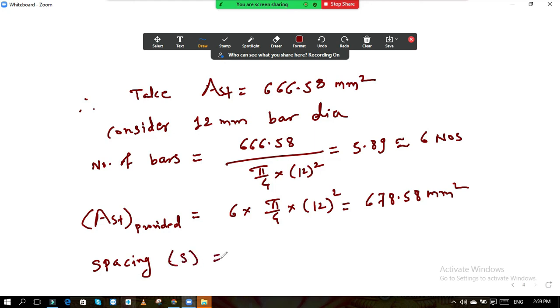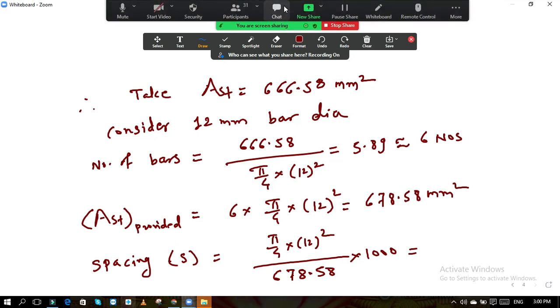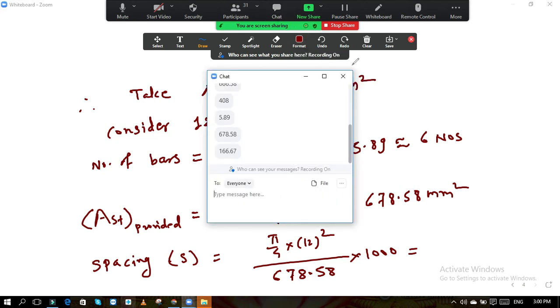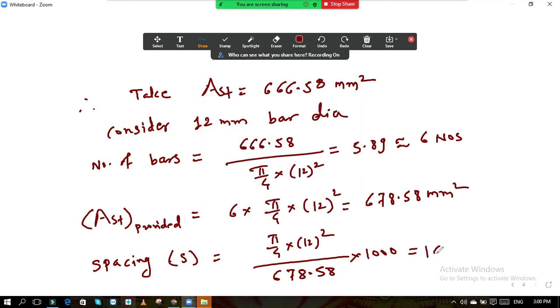Now calculate the spacing. Spacing S is equal to pi by 4 into 12 square divided by 678.58 into 1000. So let me know the answer. 166.67. 166.67, which will be rounded down to 160 mm center to center.